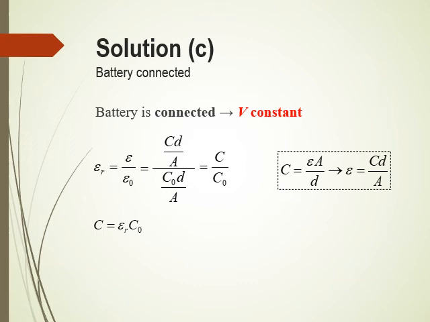Substitute the values into the equation and you will obtain C equals 7 times 10 to the power of negative 11 farad. Now that you have the new capacitance and you know that V is constant, you can calculate the charge.